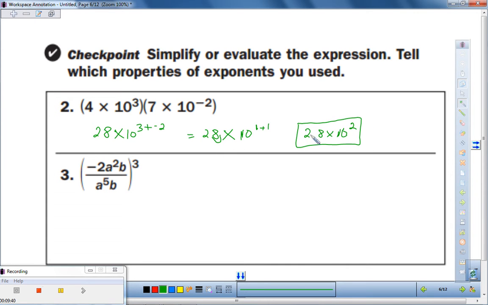Or we can write this, here we had 2.8 times 10 to the 1st, and if we move the decimal one place, we end up with 280. So either one is acceptable, but 2.8 times 10 squared would be in scientific notation. Number 3 will be on part 2 of the video.